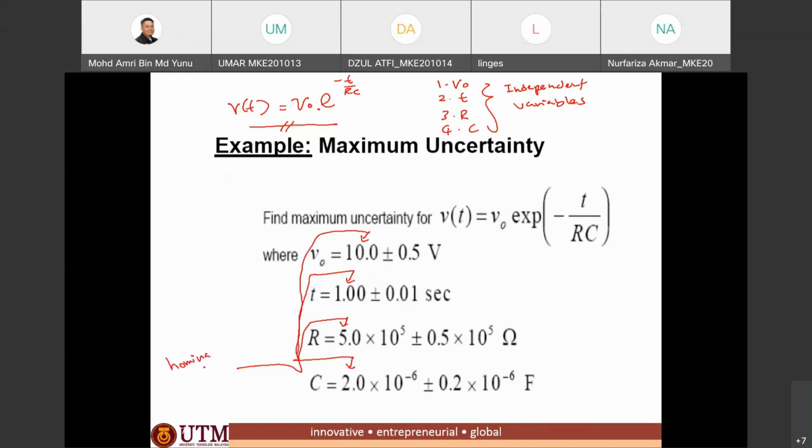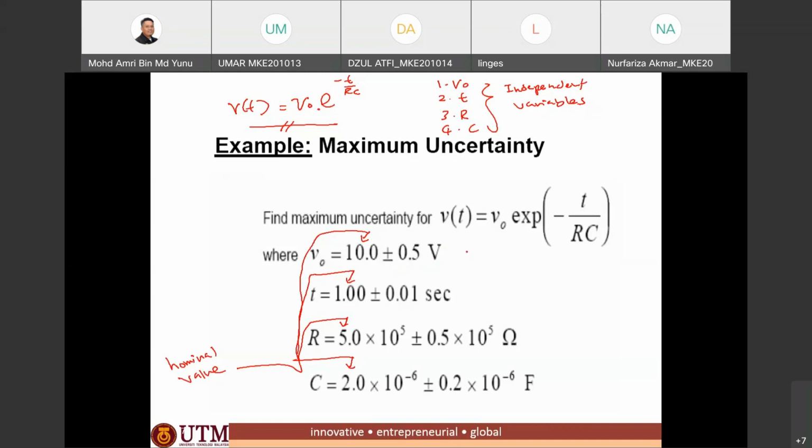Nominal values. And this is the uncertainty level, in the form of absolute error.